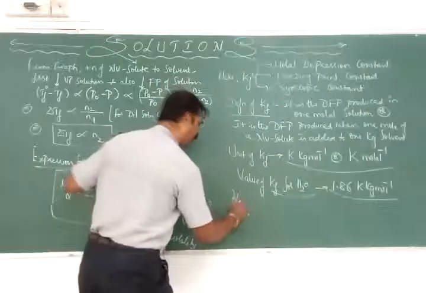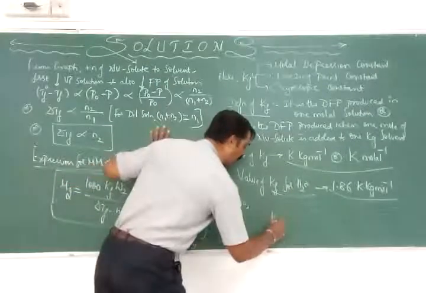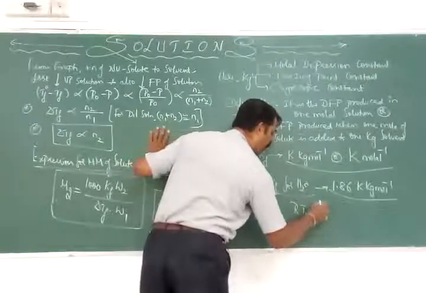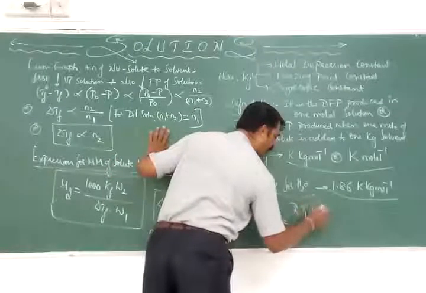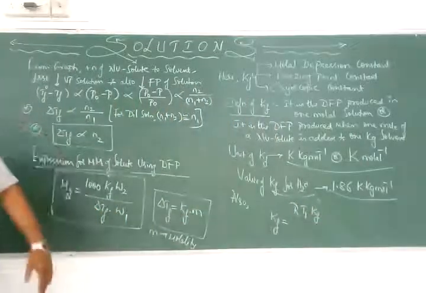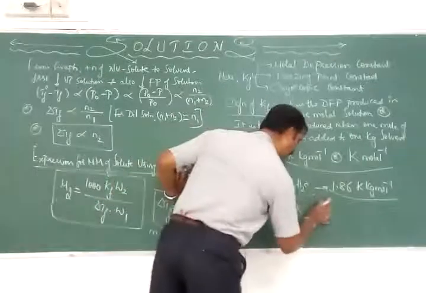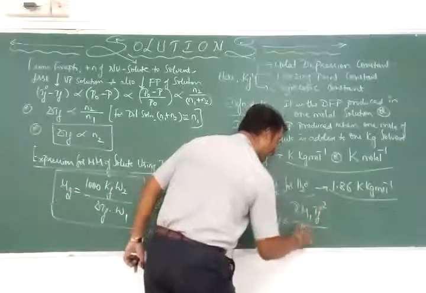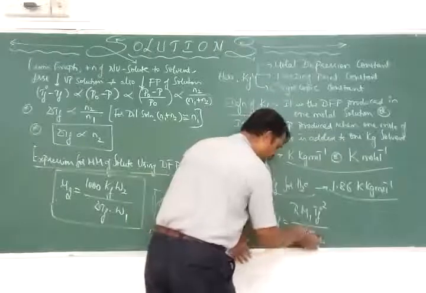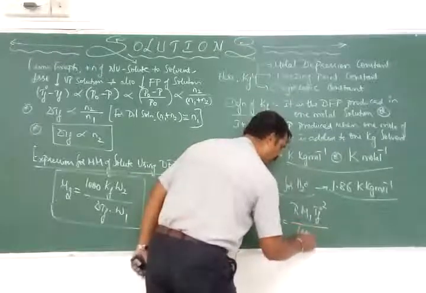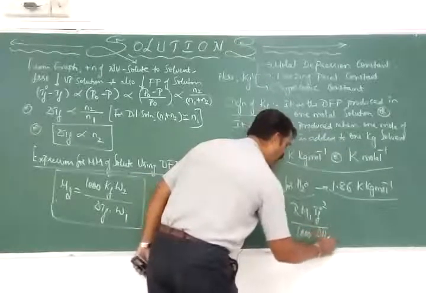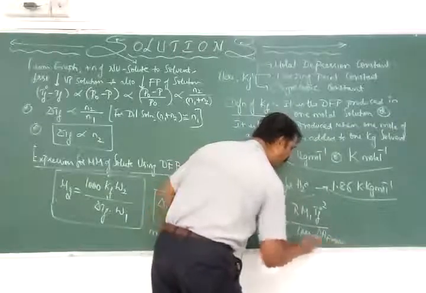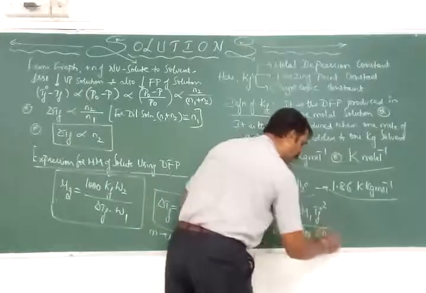Also, the expression with respect to Kf is given by R M1 Tf naught square divided by 1000 times delta H of freezing, or you can use fusion also, whatever it may be.